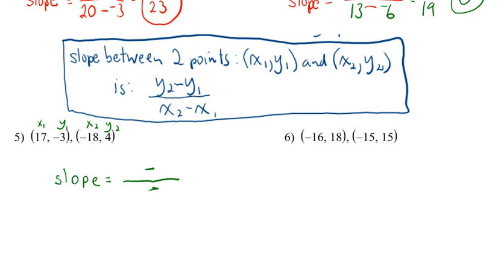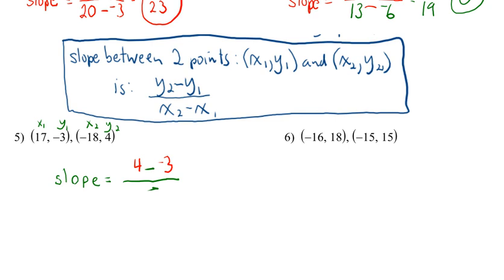And my first x is 17. All right? If you make positive and negative mistakes, then use a calculator. 4 minus negative 3 is 7. And negative 18 minus 17 is negative 35.